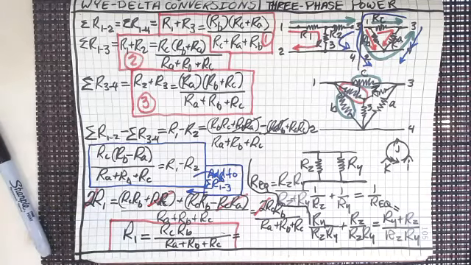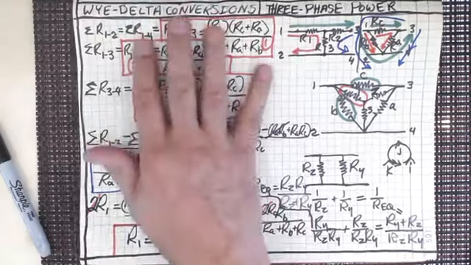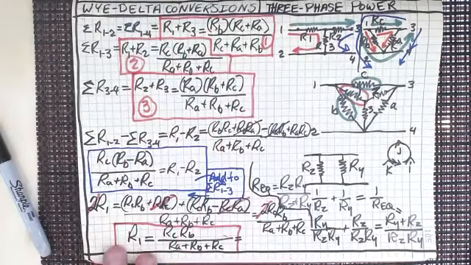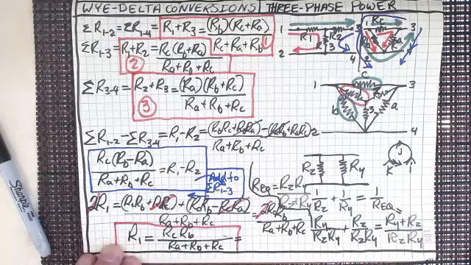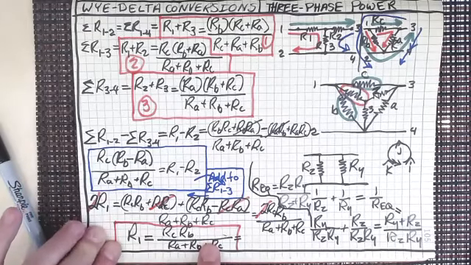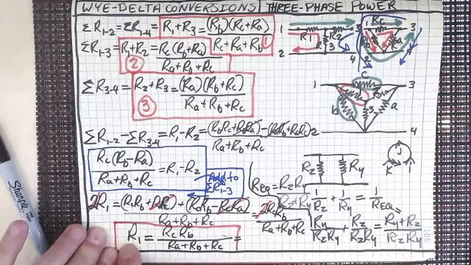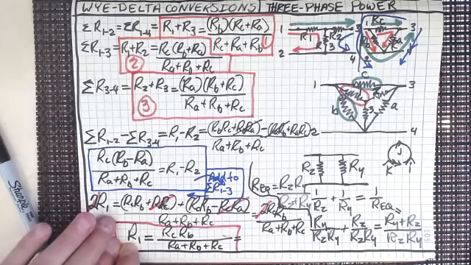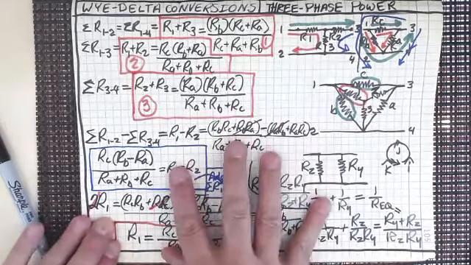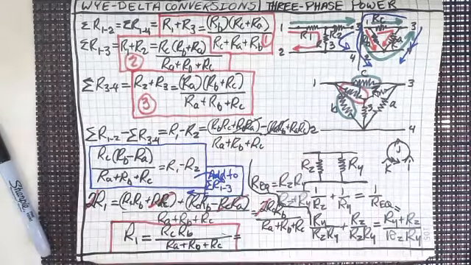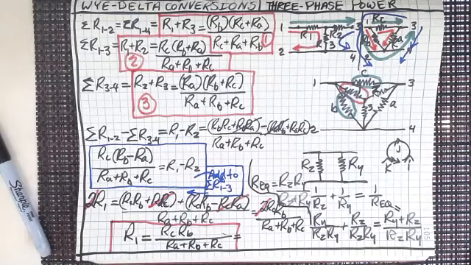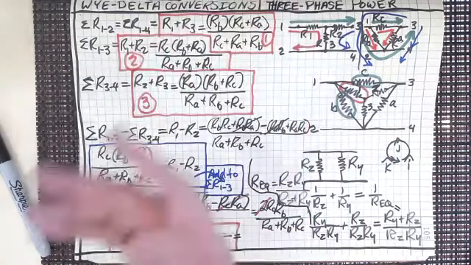I'm going to have another lecture, because this was the Y delta. I should say actually I've got R1 in terms of this, so this should really be the delta Y conversion, because I'm going to come up with R sub A, and that would be, I guess, the Y delta. So I may have these backwards.